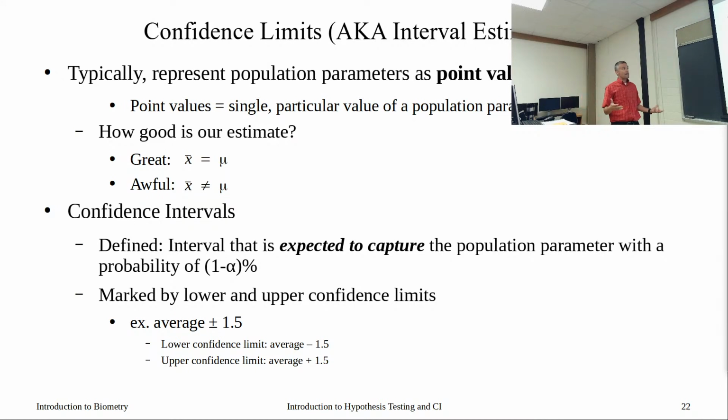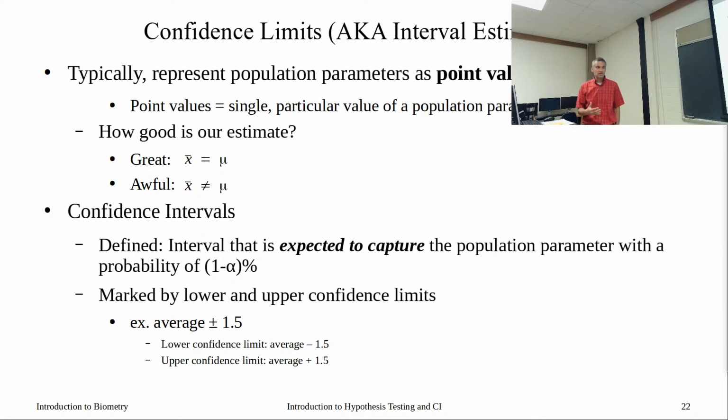What we have is a single population parameter, and then we collect a sample to try to approximate that parameter. From that sample, we can generate a confidence interval. Hopefully, our sample estimate, say x bar, is equal to that population parameter mu. In which case, that's great. That's our ideal situation.